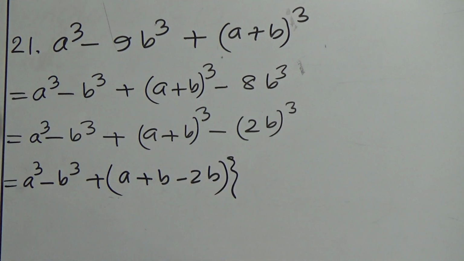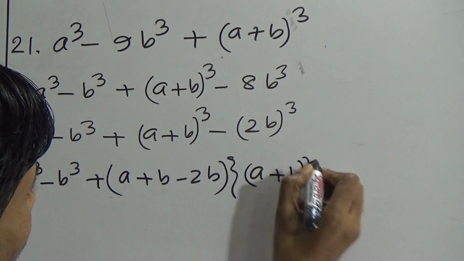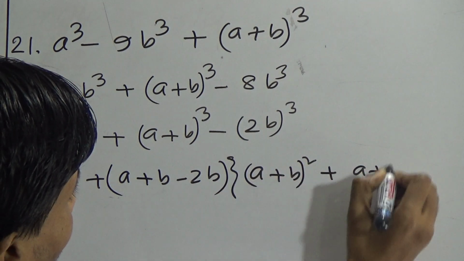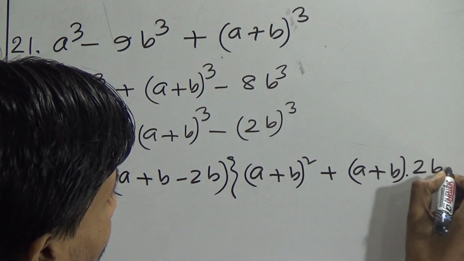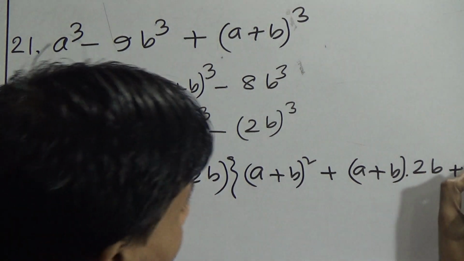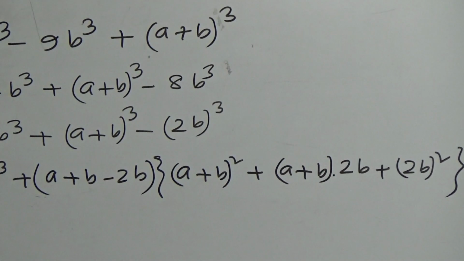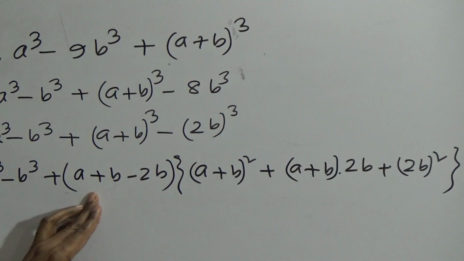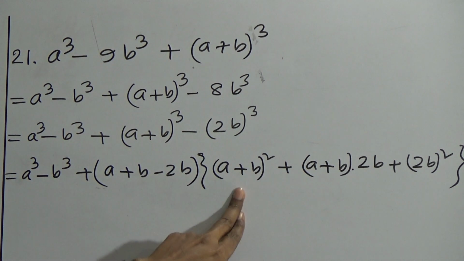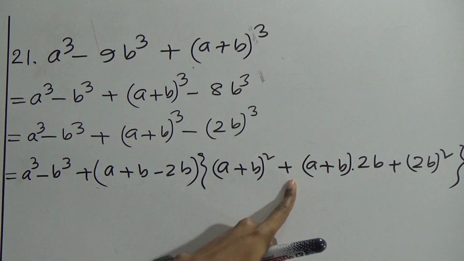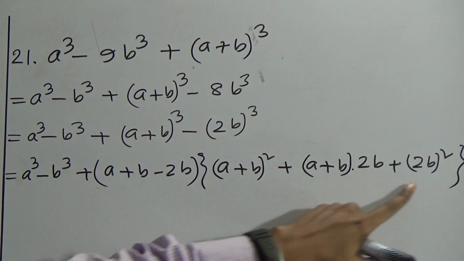Then a square means (a plus b) whole square, plus (a plus b) into b, where b means 2b, plus b square, where b square means (2b) whole square. Look, I have written here a minus b; a means a plus b, b means 2b. a square means (a plus b) square, plus ab, ab means (a plus b) into 2b, plus (2b) whole square.